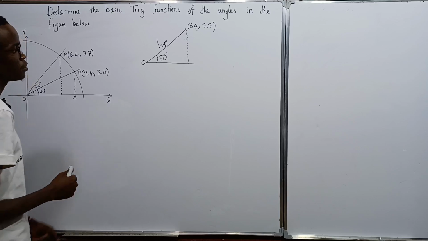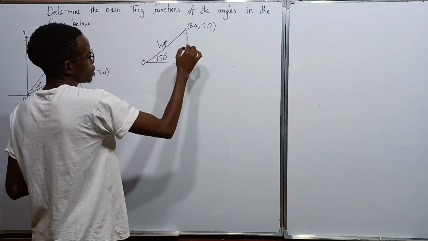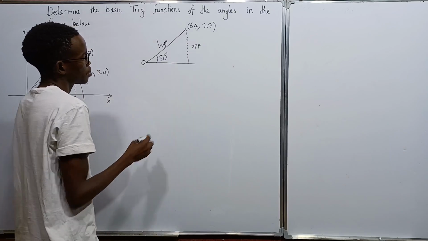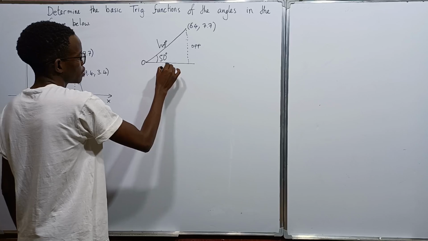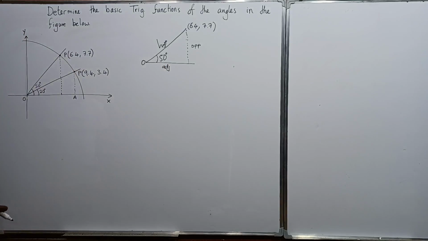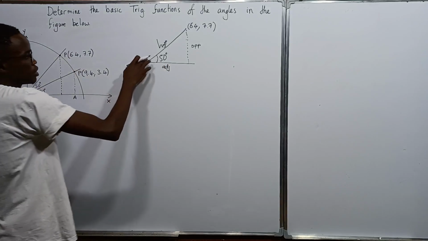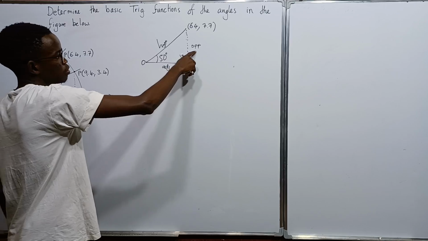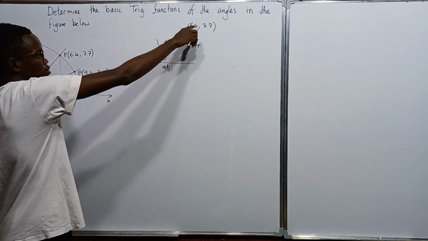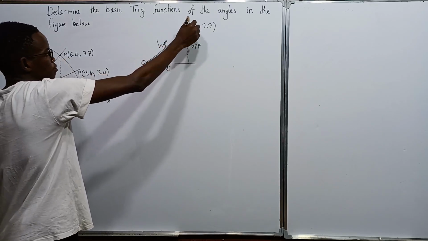Okay, so then from here we have our opposite there, and this down here is our adjacent. So here we don't know the size of our hypotenuse, but we know our opposite is equal to 7.7 and our adjacent is equal to 6.4.